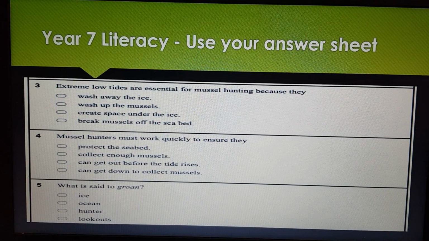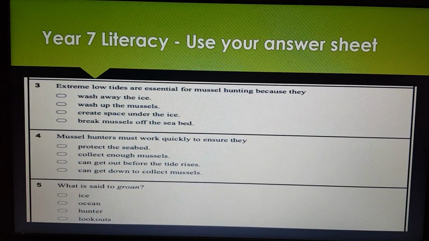Question 4. Mussel hunters must work quickly to ensure they 1, protect the seabed, 2, collect enough mussels, 3, can get out before the tide rises, 4, can get down to collect mussels.